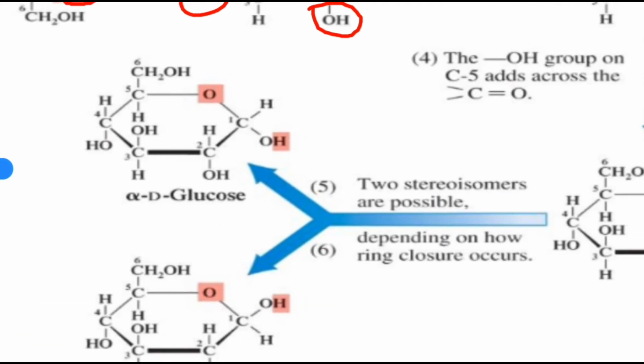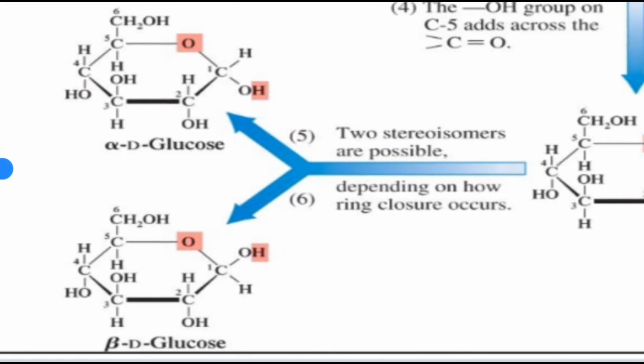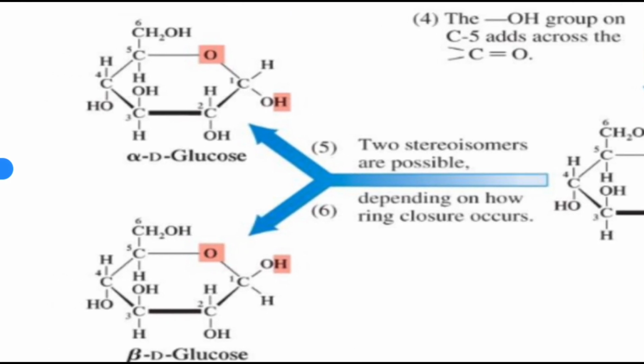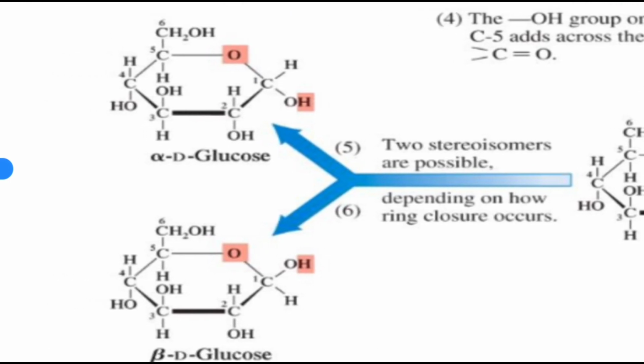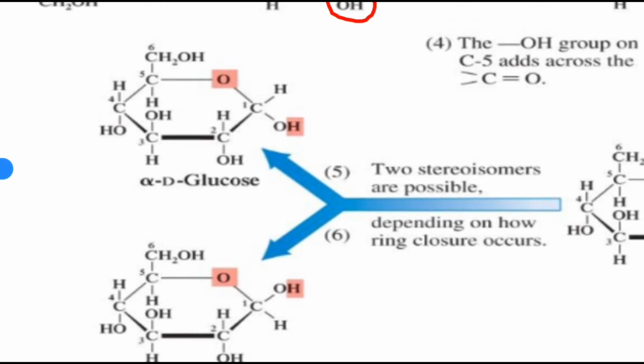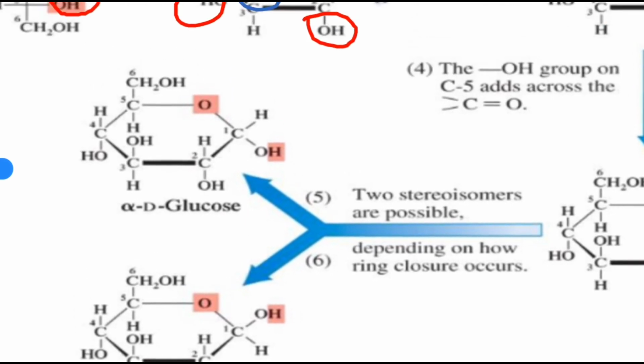It mentions here that there will be 2 stereoisomers possible, or we call them anomers. In step 6, it depends on how the ring closure occurs. So we have the alpha and the beta forms, and we call them anomers.